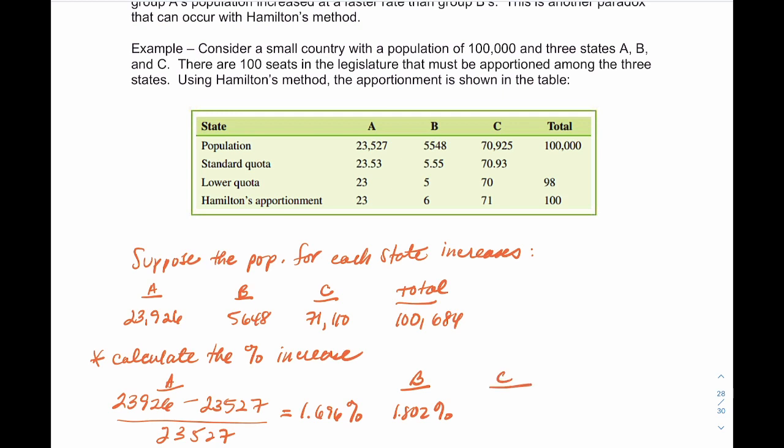And then for state C, you're going to take the new one, 71,110, subtract the old, and then divide by the old, and you end up with 0.261%. So if you're looking at the states and you want to know which one increased at the fastest rate, it would be B, because it increased at 1.802%.